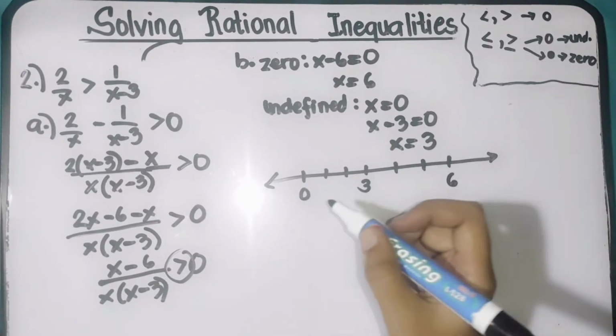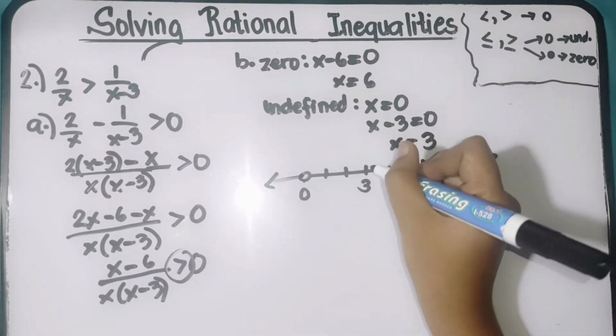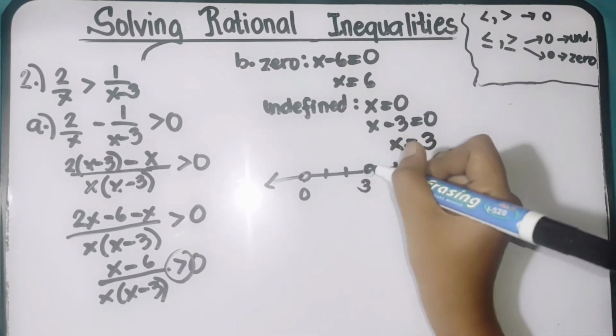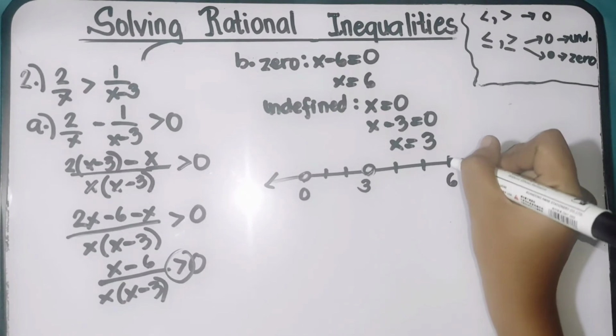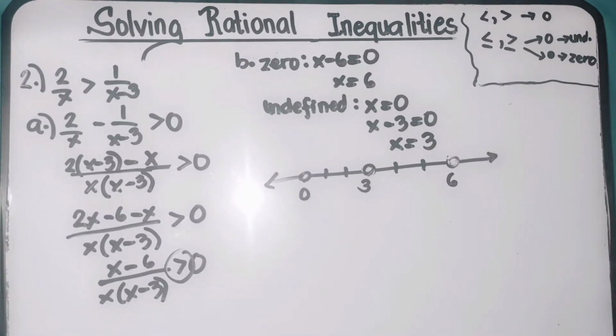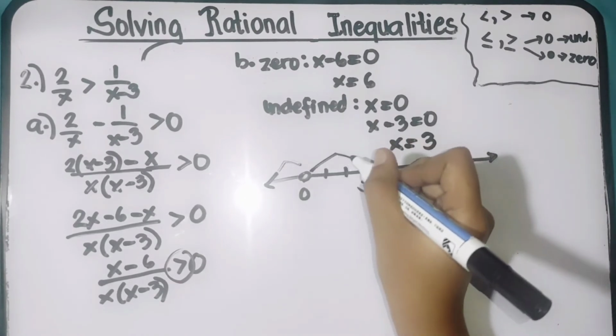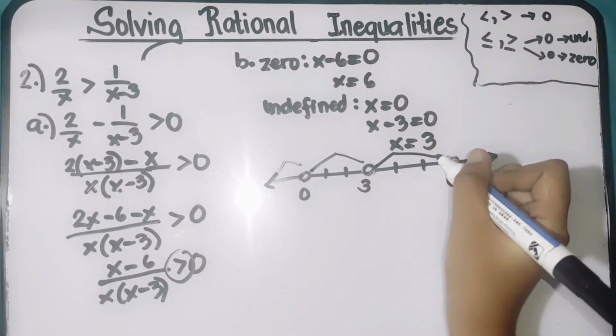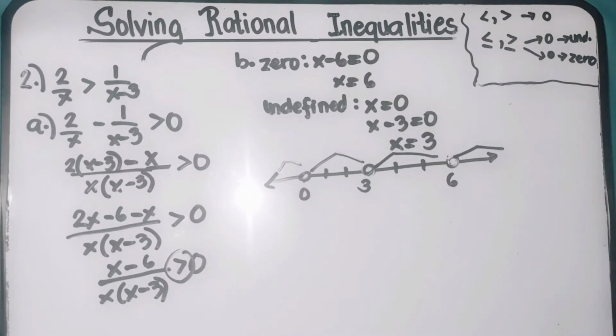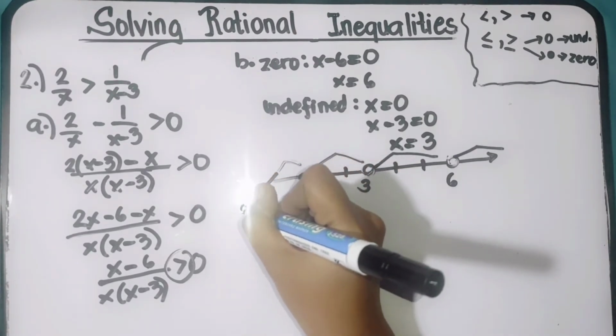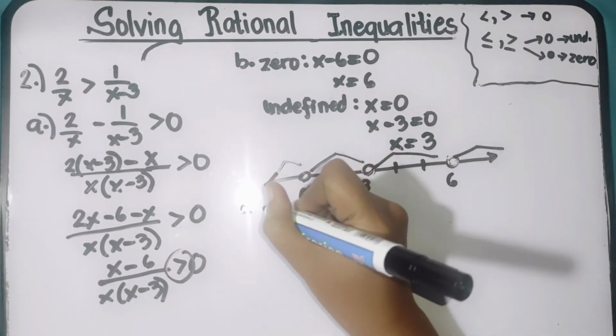So 0, same with 3, as well as 6. Based on the number line, there are 1, 2, 3, and 4 intervals. Next, let us construct the table of signs.